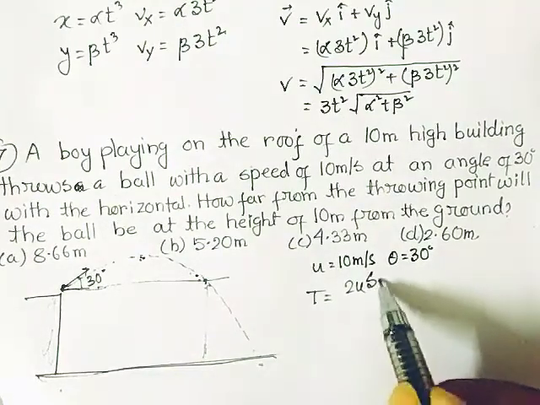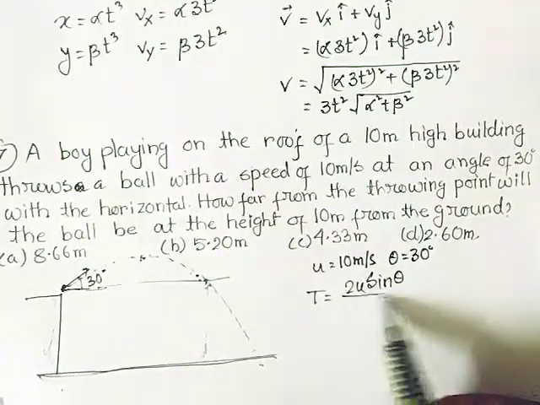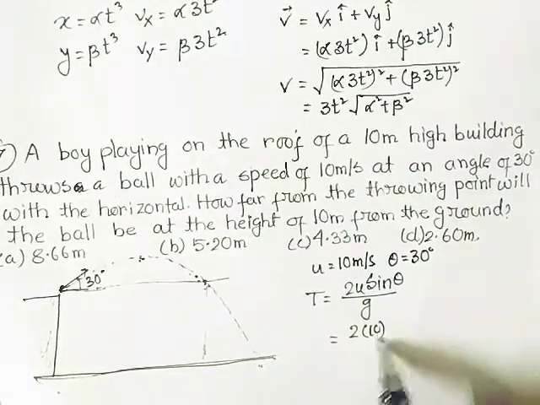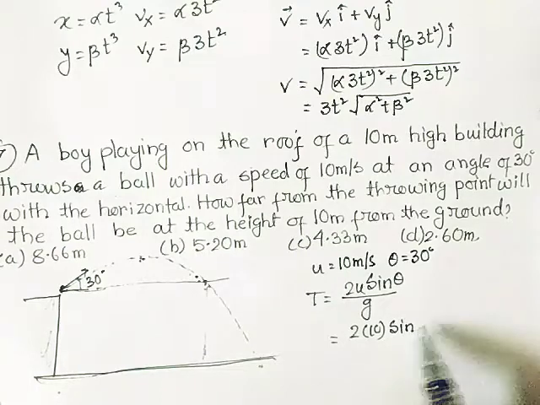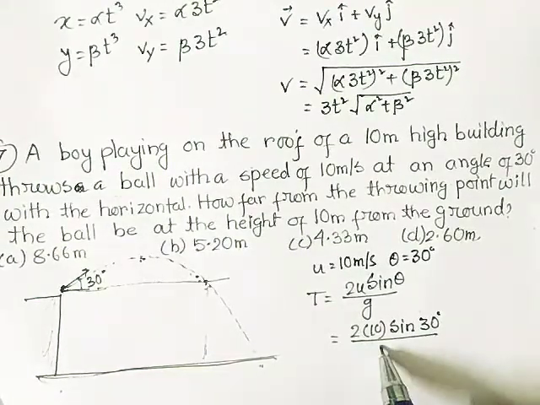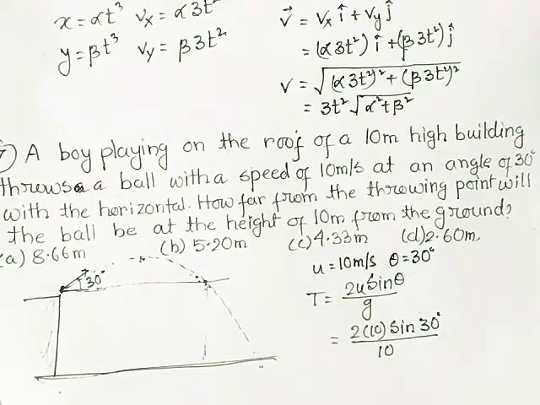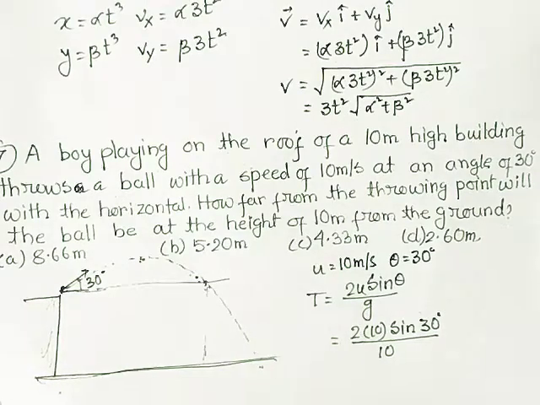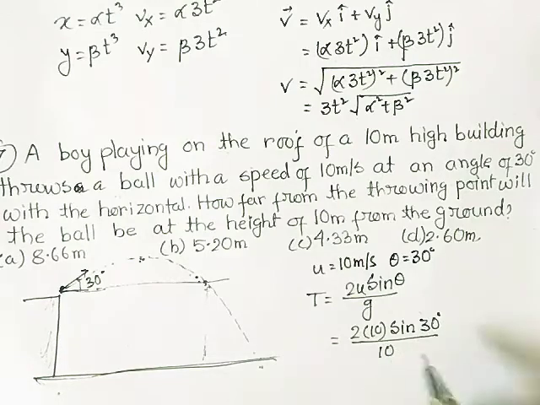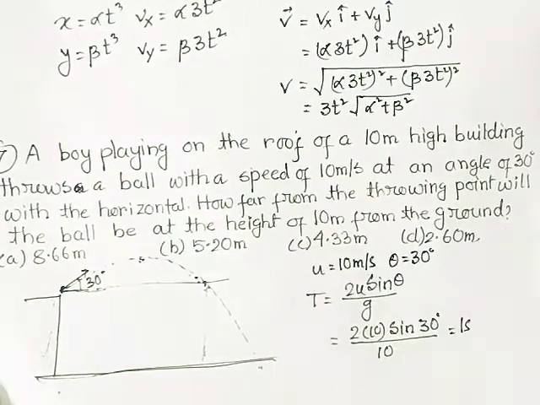So the time is equal to 2 u sin theta divided by g. So it will be 2 into 10 into sine 30 degrees, which is 1 by 2, divided by g, which is approximately 10. So t equals 1 second. So after 1 second it is here.